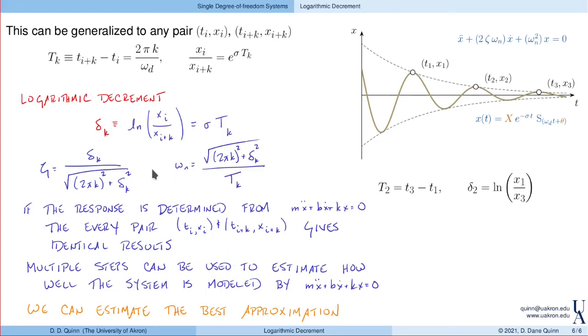So from this logarithmic decrement method, we're able to identify the damping ratio and natural frequency. There is still a question about those physical parameters, M and B and K. Well, it turns out that we can't identify all three of them with this procedure because the response only depends on two quantities, zeta and omega n. So there's no way that I can estimate three things from these two quantities. However, if I can figure out one of them by some other means, maybe we can measure the mass.